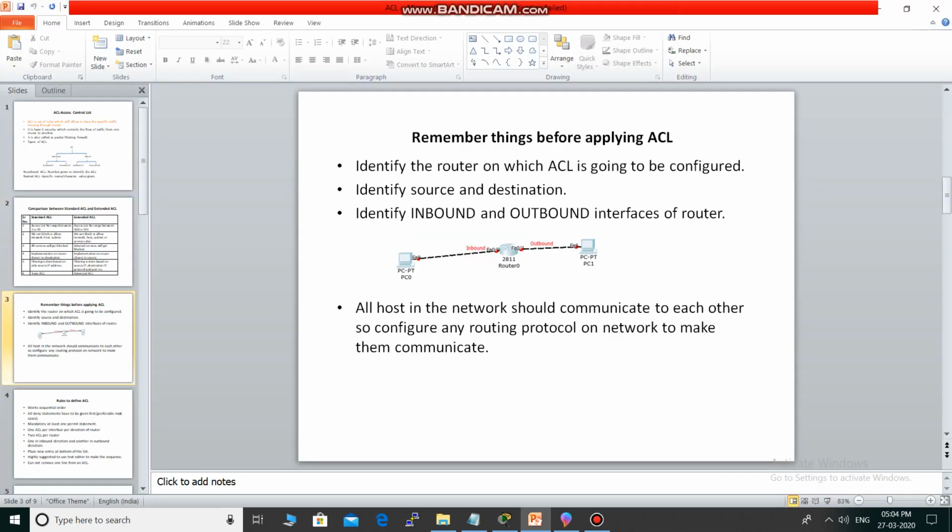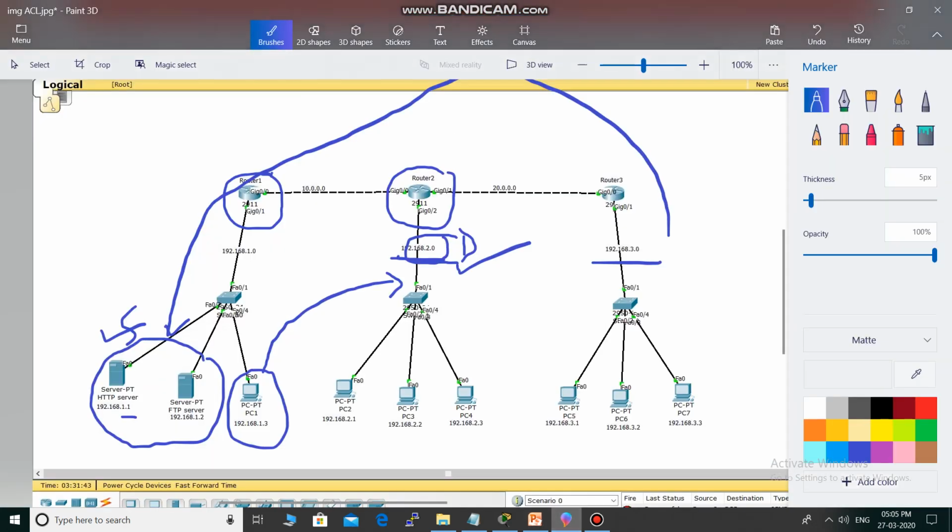Third thing, we need to identify the inbound and outbound interface of a router. In this network, suppose this is the source and packets are moving from source to destination like this. Packets will come to this router.